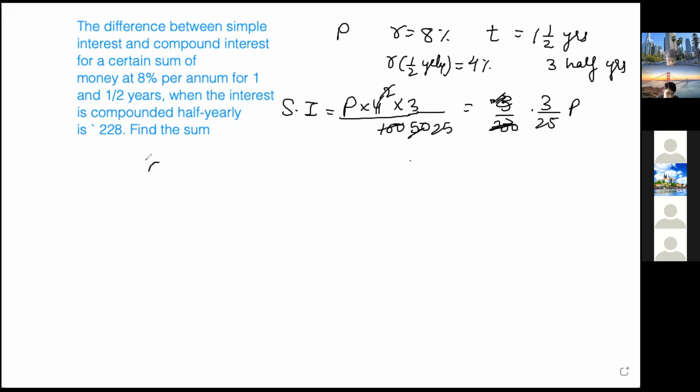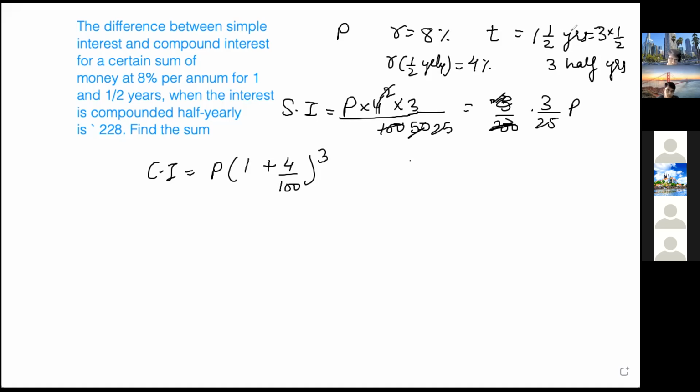And compound interest is equal to how much? P into 1 plus R, 4 by 100, raised to 3. This is clear. 3 half years is there, na? This is 3 into 1 by 2.